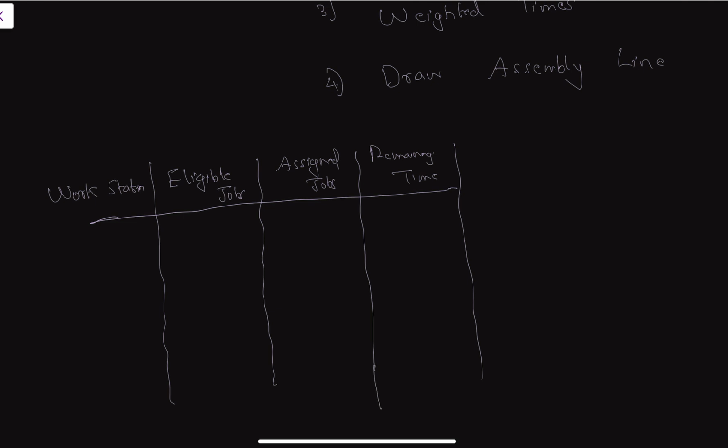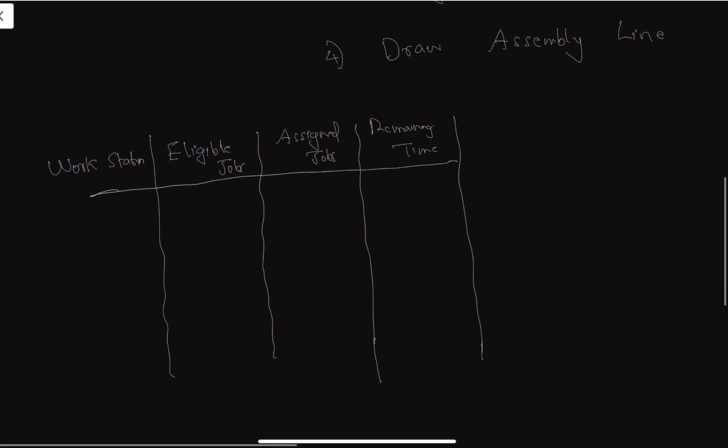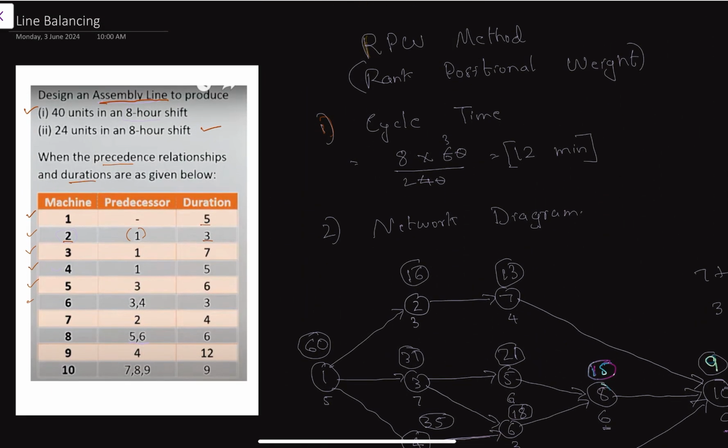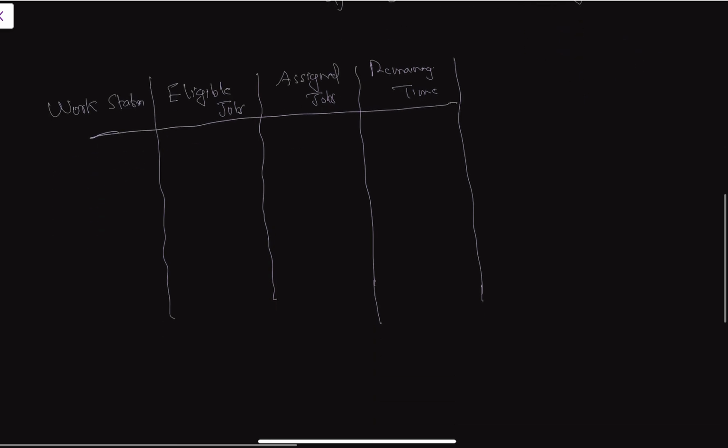Okay, so for this we will start with workstation 1. For this line balancing we will group these activities into several workstations. And we have found out the cycle time as 12 minutes. So let us start with workstation 1.